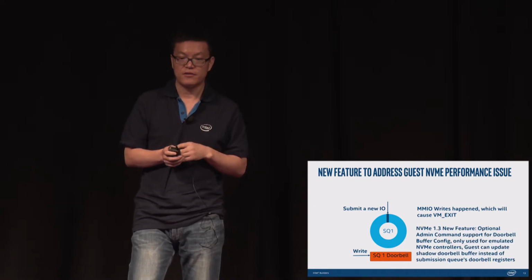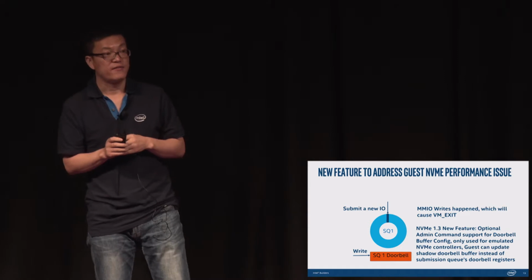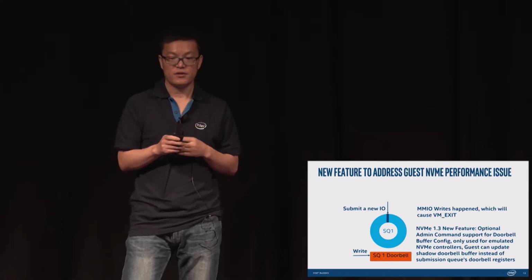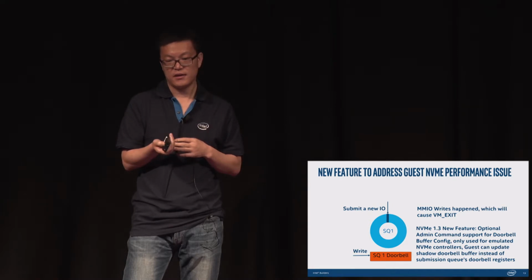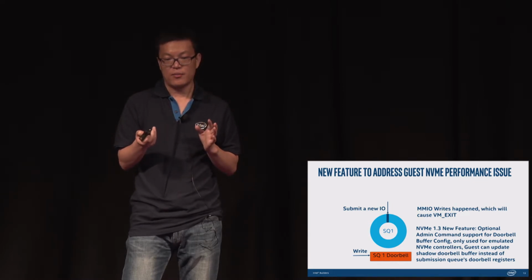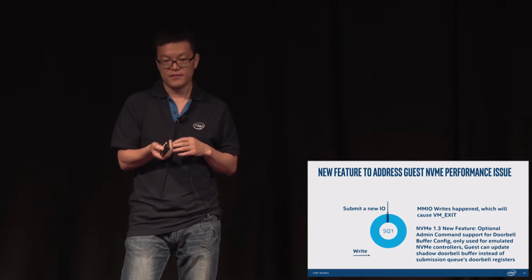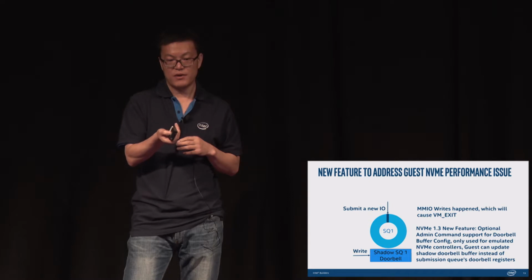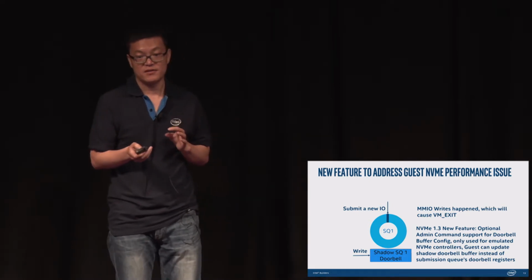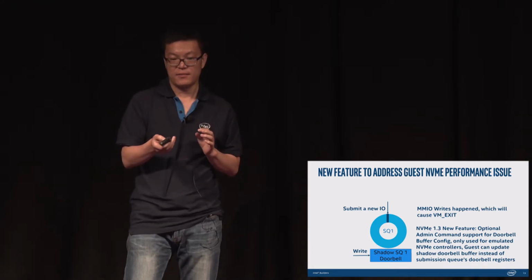So the NVMe 1.3 specification released a new feature, the optional admin command support for doorbell buffer config. It is used for emulated NVMe controllers. The guest can update this shadow doorbell buffer instead of the submission queue's doorbell registers. So with this new feature, each submission will write the shadow doorbell, and for the submission path, no MMIO writes happen.